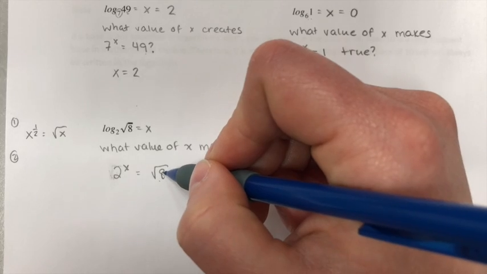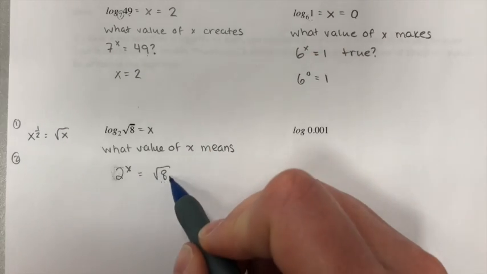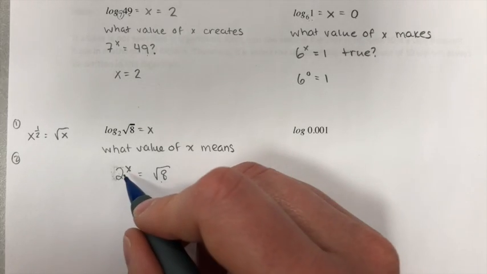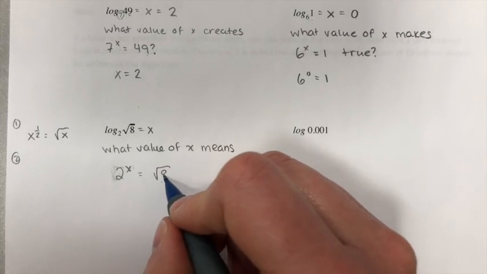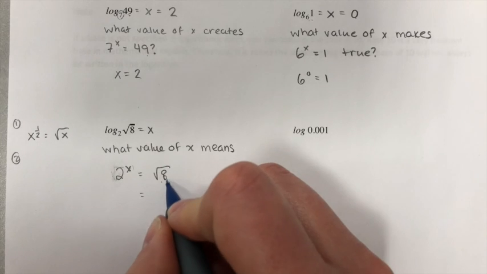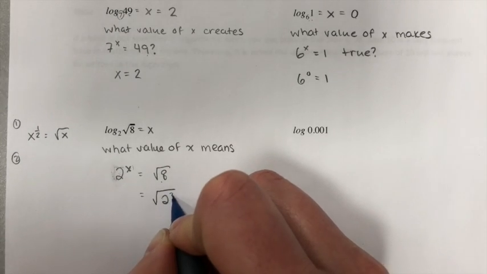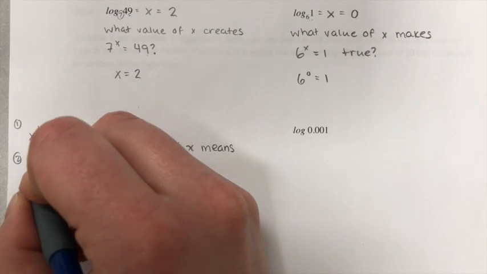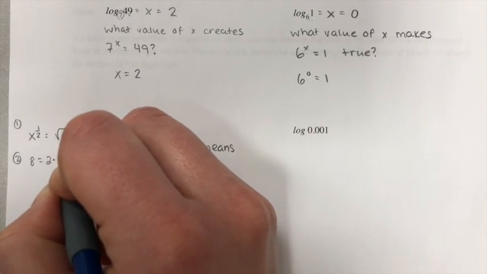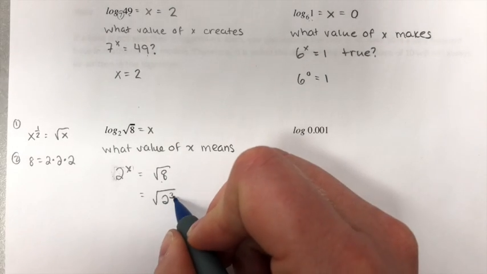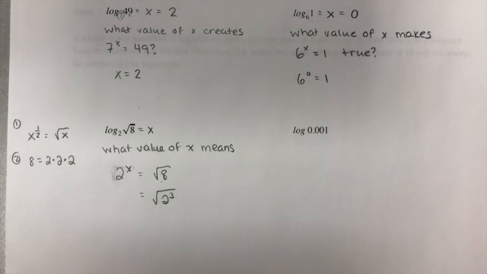So if we want this whole thing as an exponent, and we want to figure out what exponent needs to be there to get this, I'm going to rewrite 8 as 2 to the power of 3, because 8 is the same thing as 2 times 2 times 2. Okay, so 2 cubed is the same thing as 8.